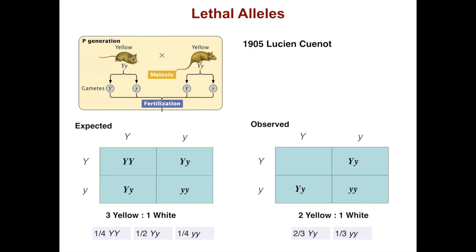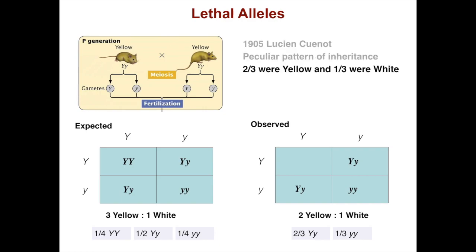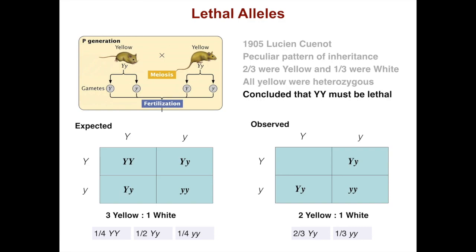Now, what he observed is there is actually a 2 to 1 phenotypic ratio. This is a peculiar pattern of inheritance, what he observed. 2/3 were yellow and 1/3 were white. So why was this? All the yellow were heterozygous. So he concluded that if you've got 2 copies of the dominant allele, it must be lethal.